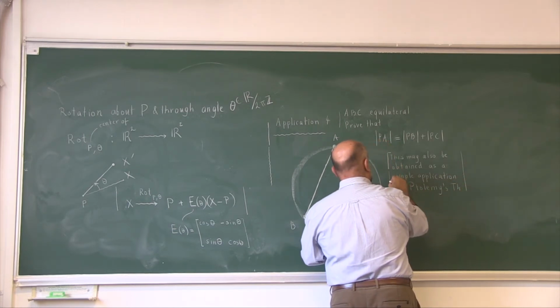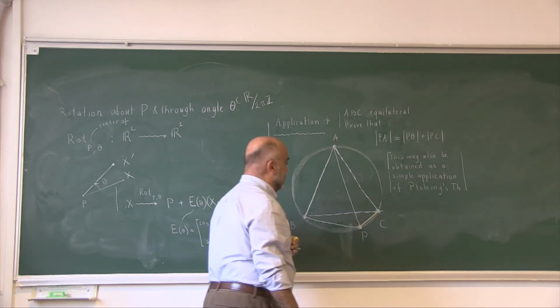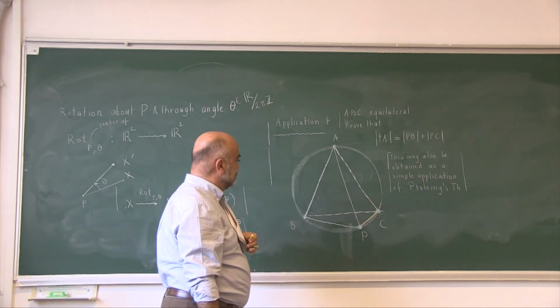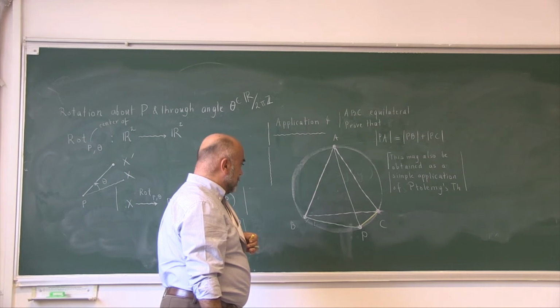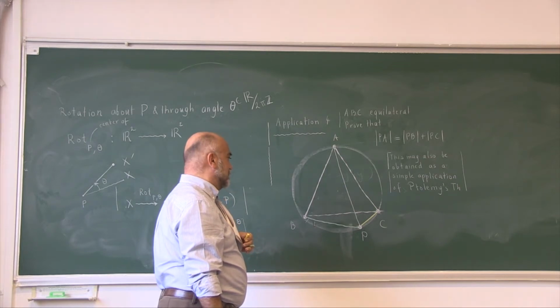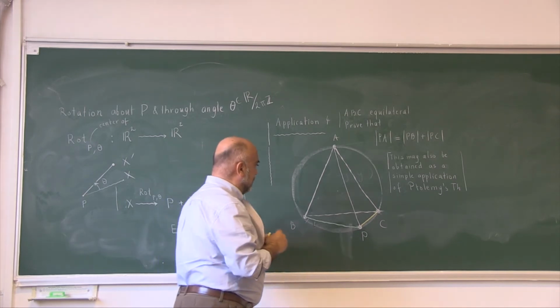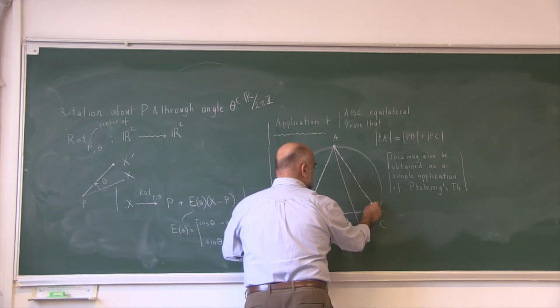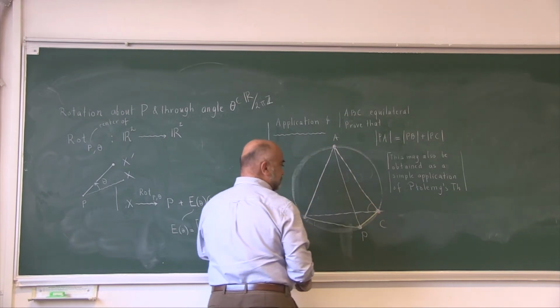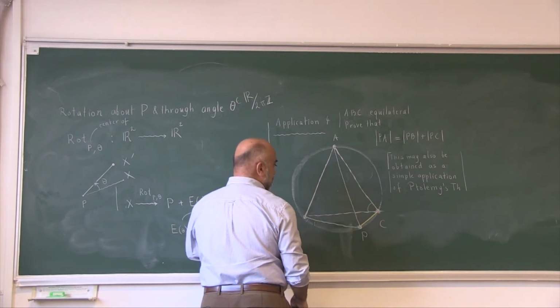So, using rotations, how can you do it? Well, using rotations, perhaps the best thing to do is to observe in the first place that this angle is 60 degrees, because it's an equilateral triangle.